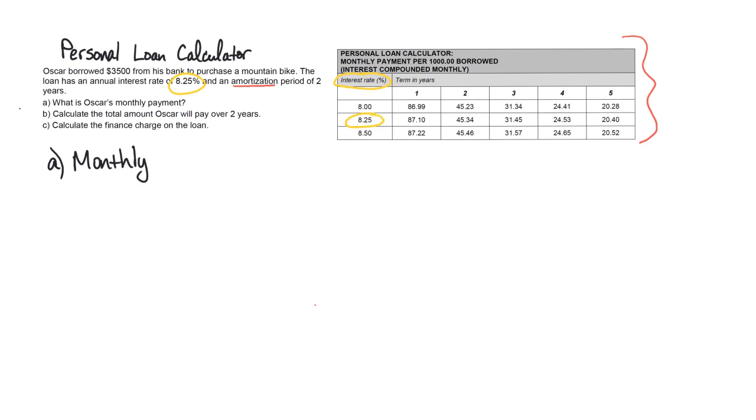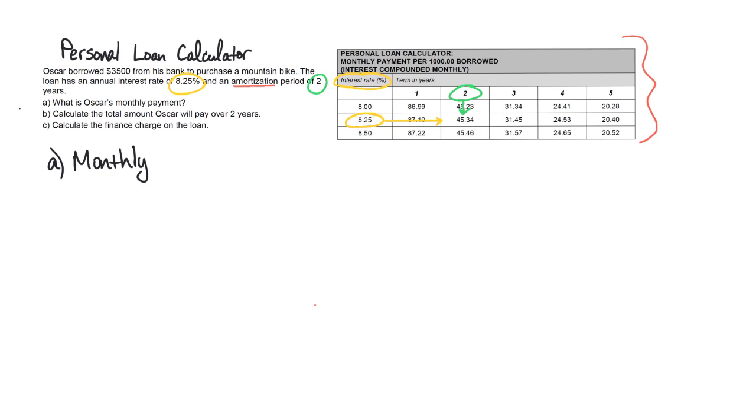The next thing I need to know is how long did he choose his amortization period? And they said 2 years. And here is 2 years. The monthly payment will be calculated using where these two line up. So that means this number here.